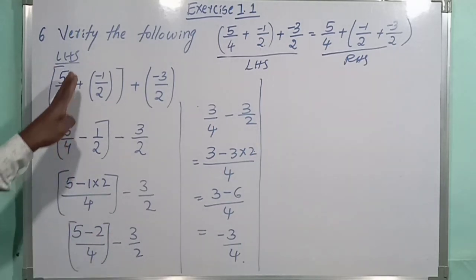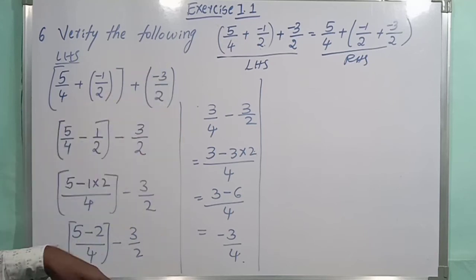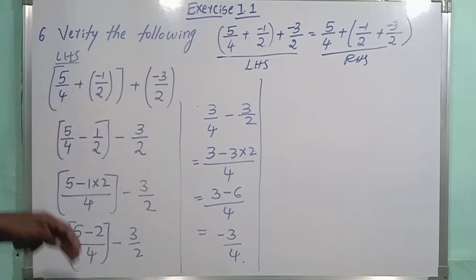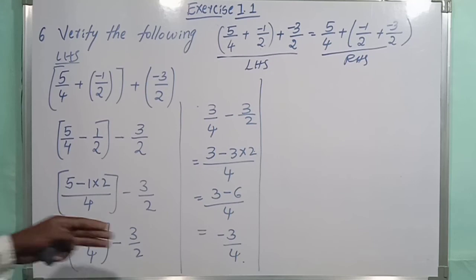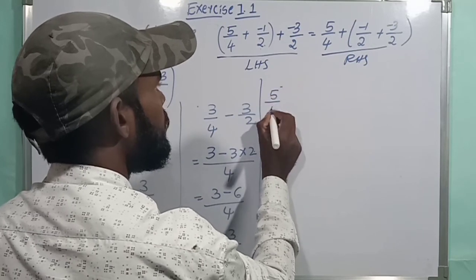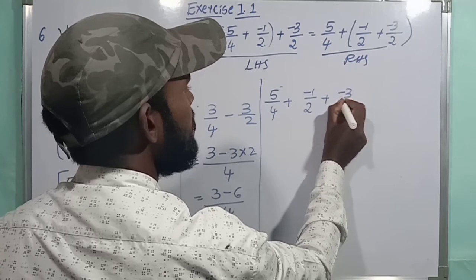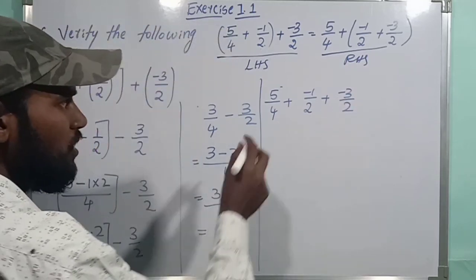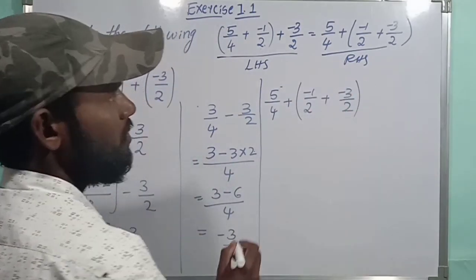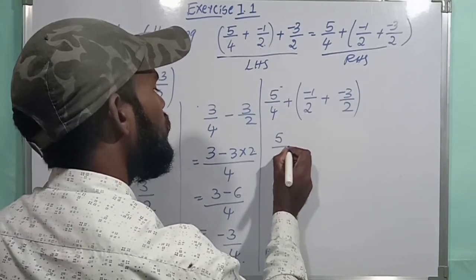See here, 5 by 4 plus minus 1 by 2 plus minus 3 by 2 is given. We did the simplification and at last we got minus 3 by 4. Now move to the RHS: 5 by 4 plus minus 1 by 2 plus minus 3 by 2. Now bracket for both, minus 1 by 2 plus minus 3 by 2.